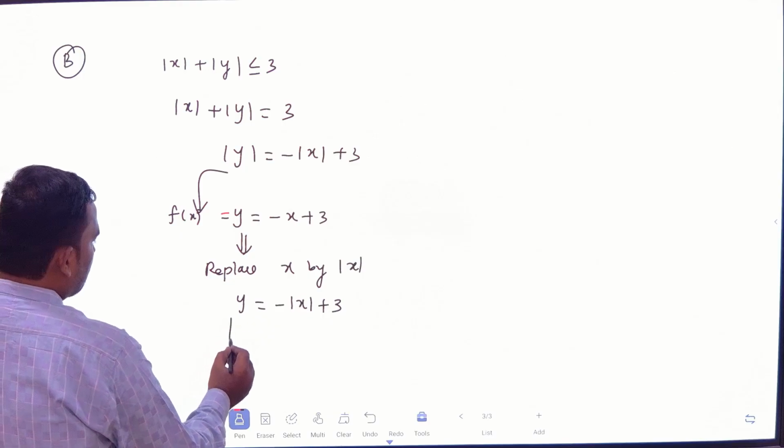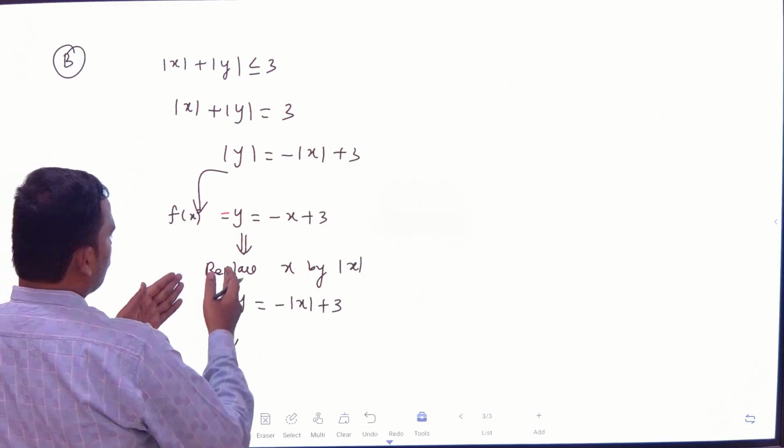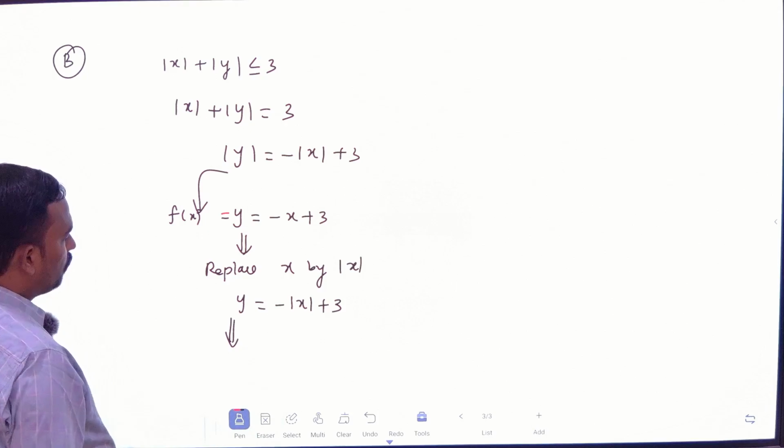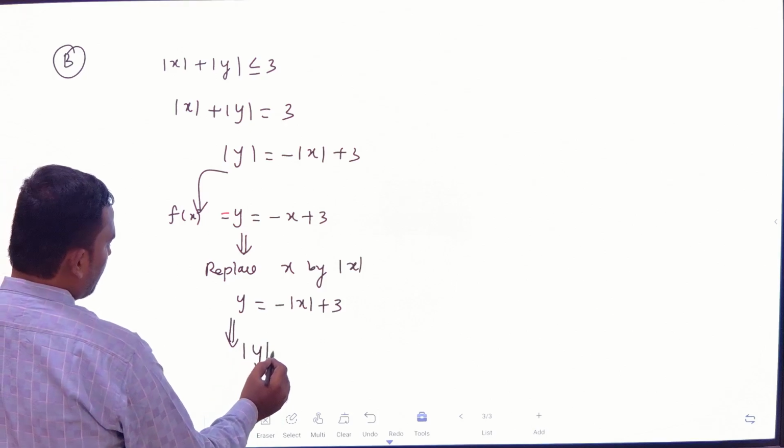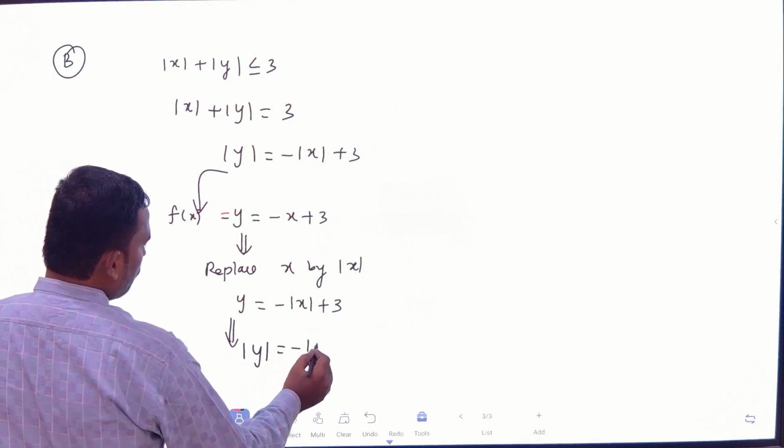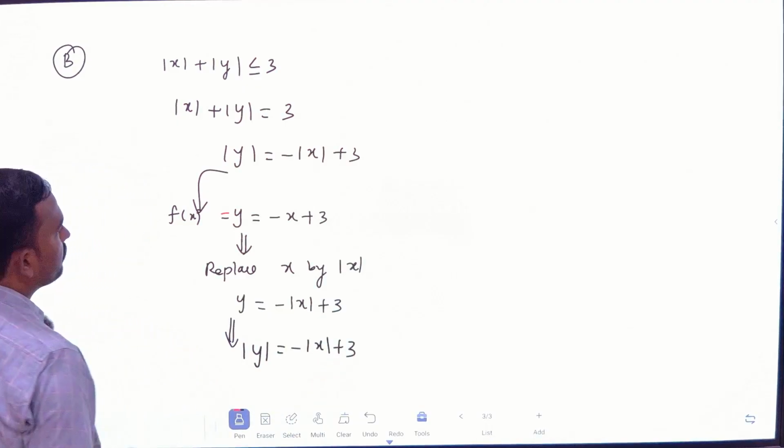And then the third step is to replace y by mod y, so mod y is equal to minus mod x plus 3 is your graph.